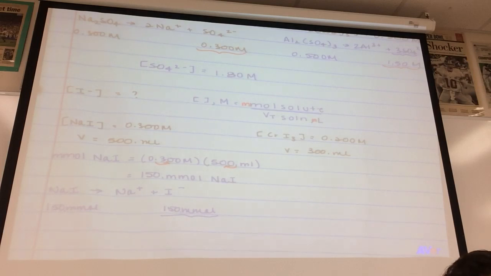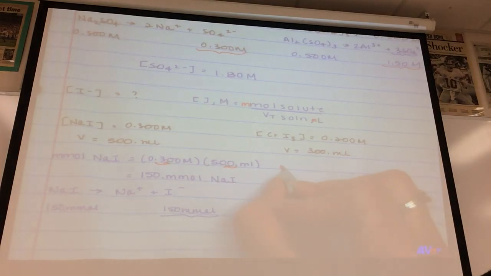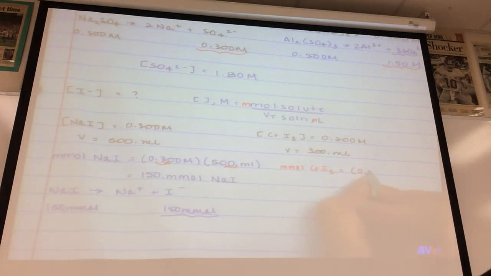Now on this side, to get the millimoles of chromium-3 iodide, I've got 0.2 molar times 300 mL. And again, moving one to the right, moving one to the left. 30 times 2 is 60.